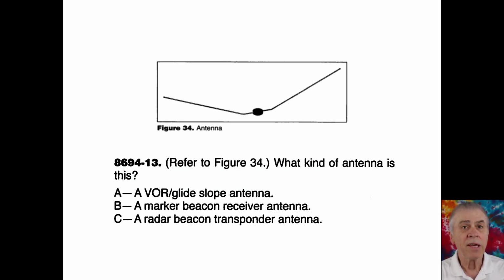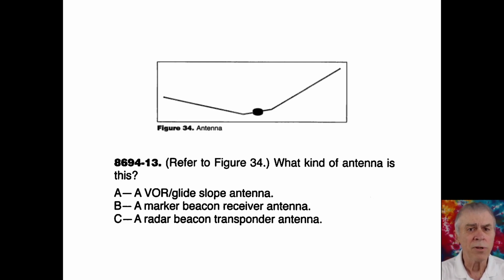And what type of antenna is this? It looks like a double pole or a dipole antenna. It does appear to be in a horizontal polarity configuration, so more than likely it's going to be A, the glide slope. VOR, glide slope.